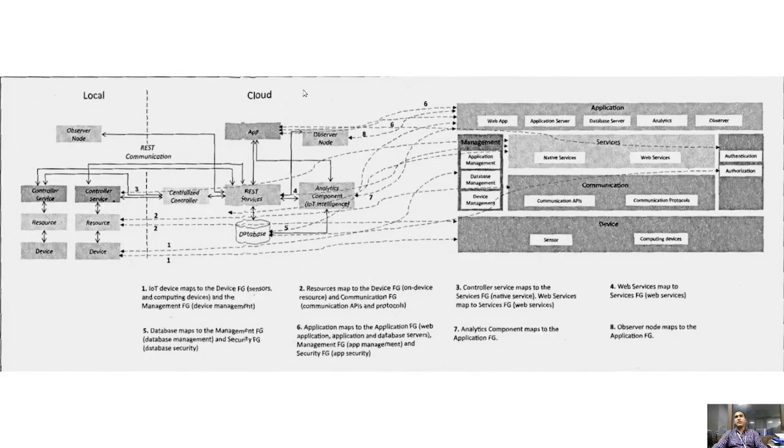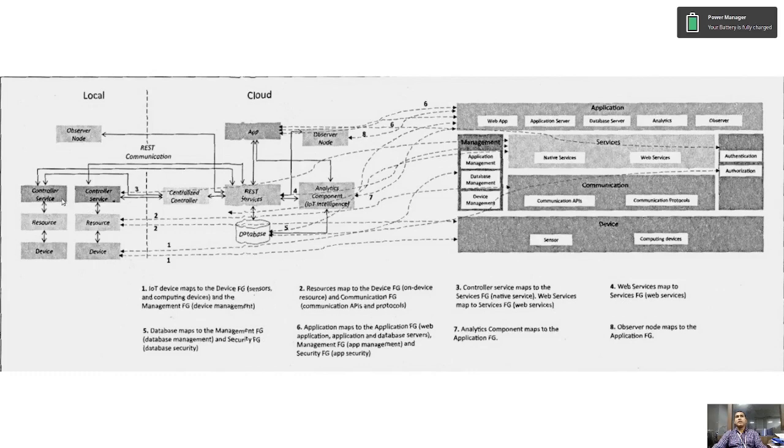And as we can see, this is a mapping between the different functional groups and the different components of the IoT device. The IoT level 6 has been shown here again, and to that the different functional groups are mapped.